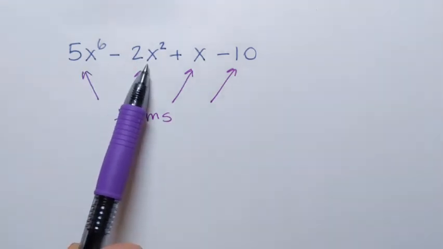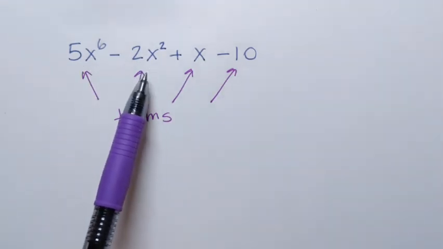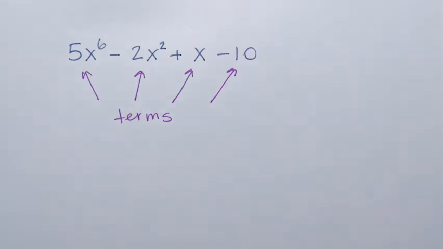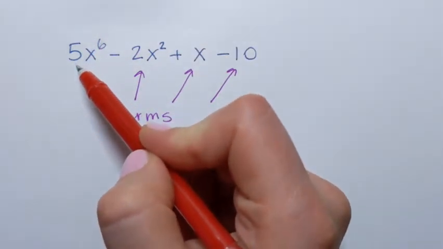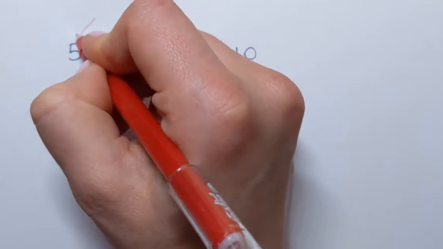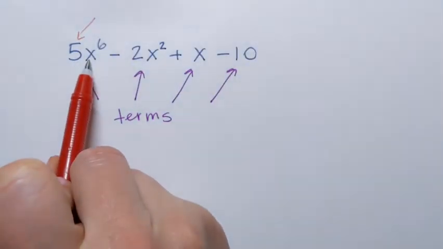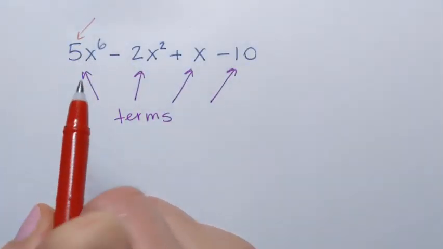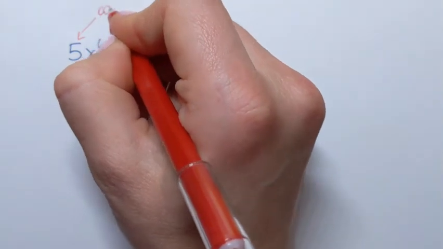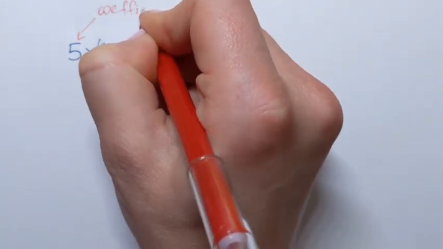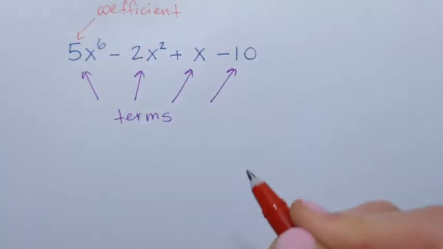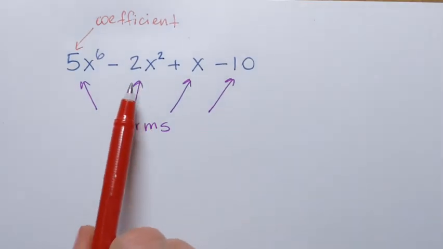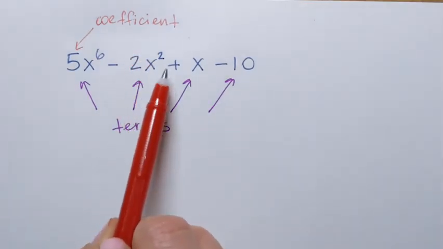As you can see, some terms involve both numbers and variables. Well, a number that stands in front of the variable is called coefficient. So 5 is the coefficient of x to the 6th power. Now, what is the coefficient of the second term?